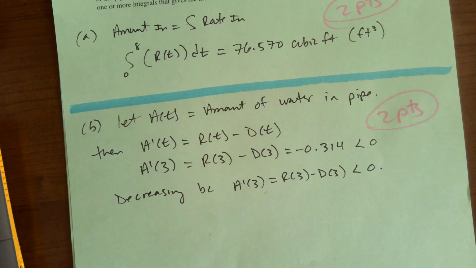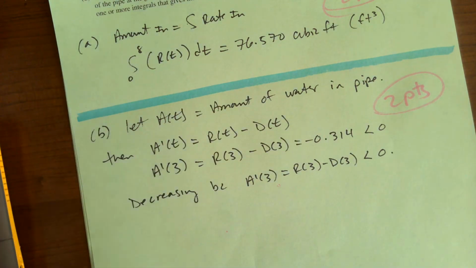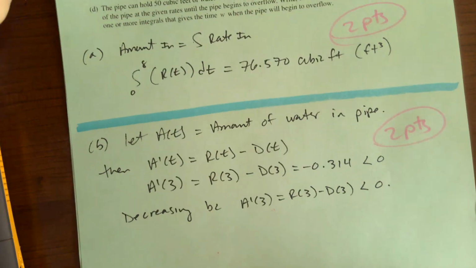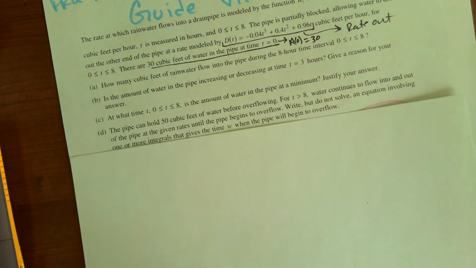Okay, now part C. I'm going to need room, so let me just move to a different piece of paper. For part C, this is 3 points.